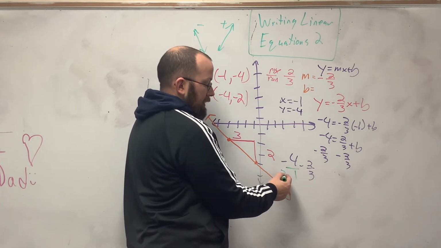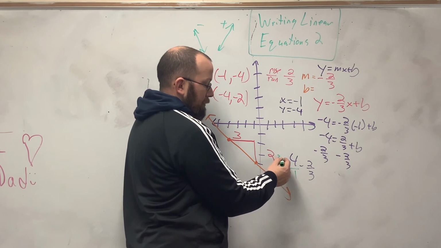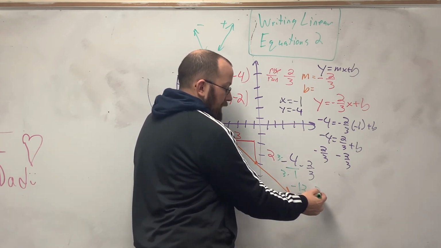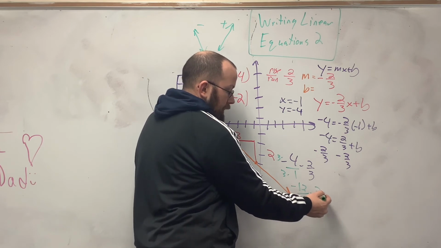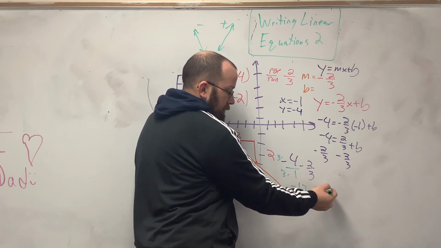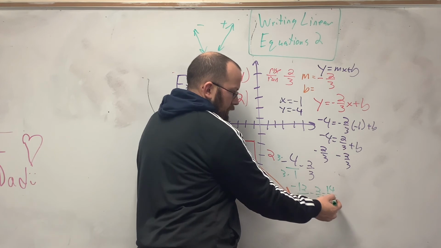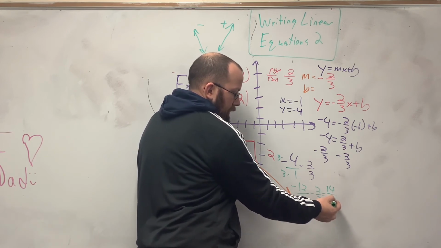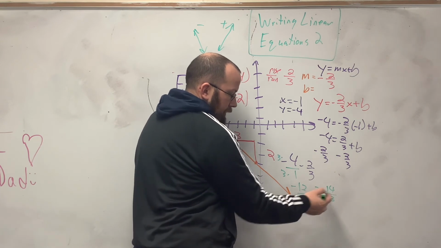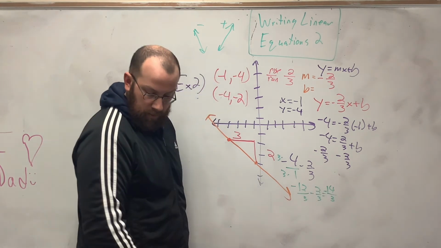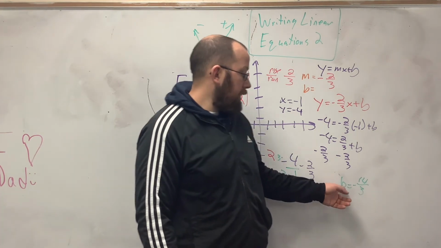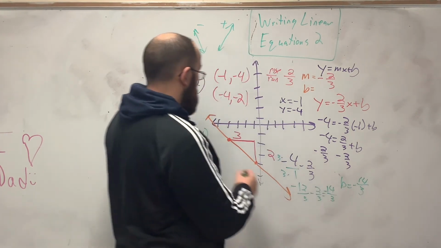I multiply by 3 to get -12 over 3, minus 2/3 gives me -14/3. So now my b is -14/3.